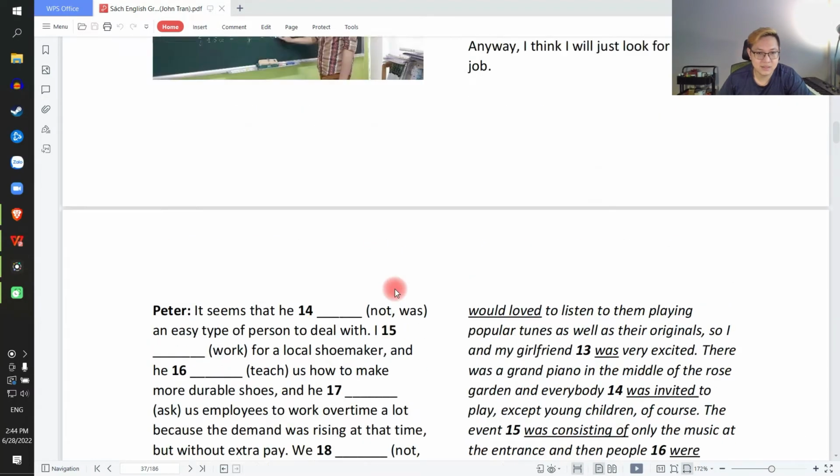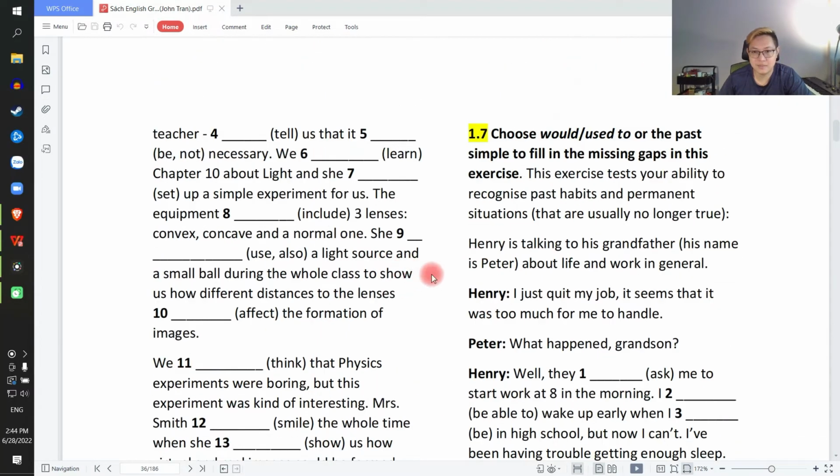Tổng cộng 19 chỗ, so 19 blank spaces, 19 missing gaps. Okay, this exercise tests your ability to recognize past habits and permanent situations that are usually no longer true. Cái bài tập này nó sẽ kiểm tra kỹ năng của các bạn để nhận ra được những thói quen trong quá khứ và những tình huống vĩnh cửu mà bây giờ không còn đúng nữa rồi.